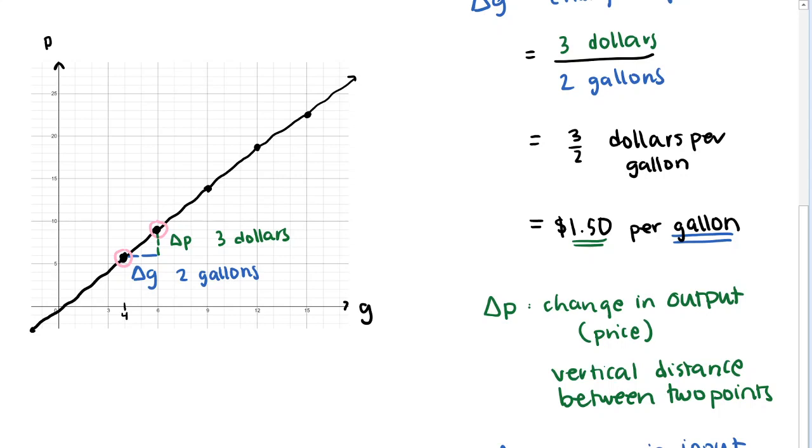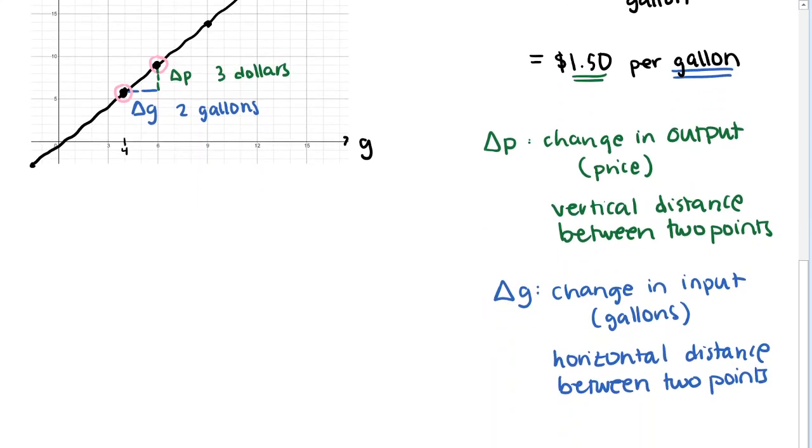And so really, the rate of change is this ratio of the vertical distance between 2 points divided by the horizontal distance between those same 2 points. And maybe I'll write that down, and that's a very important idea.